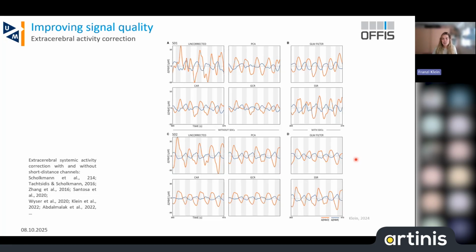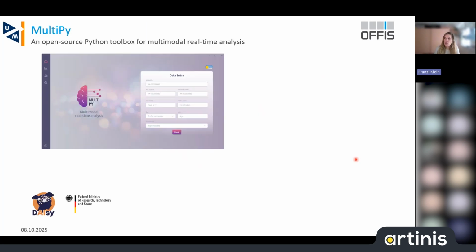So you cannot just simply use offline algorithms or offline toolboxes for this. There are not many options available. We will see another version later in the demo, but I just want to briefly mention that we are also working on one open source Python version for this real-time analysis and preprocessing.